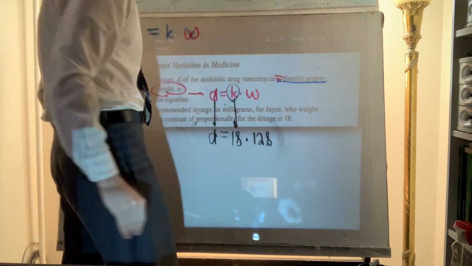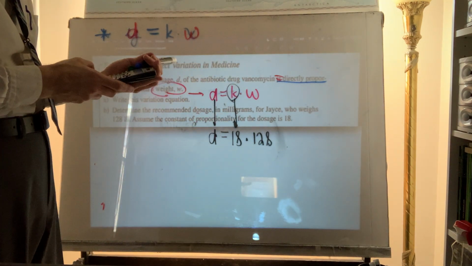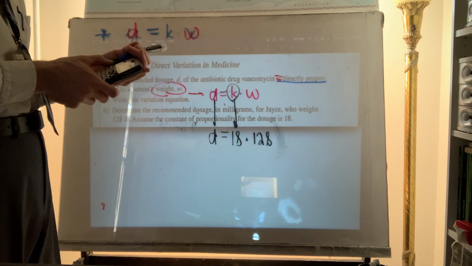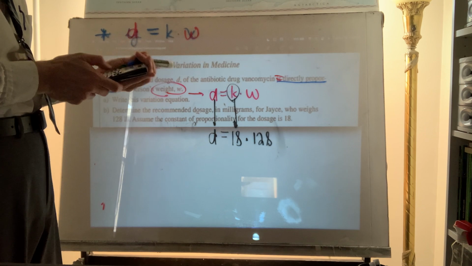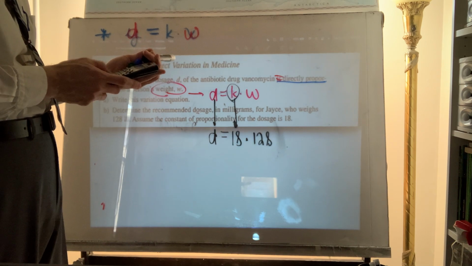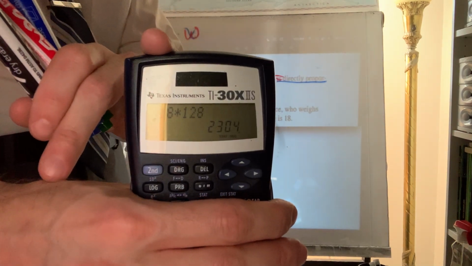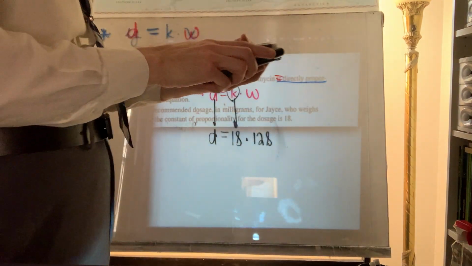You would take your calculator and make sure it's not still in scientific notation. Floating decimal, there we go. 18 times 128, and you'll get the actual numerical value you're looking for: 2,304.